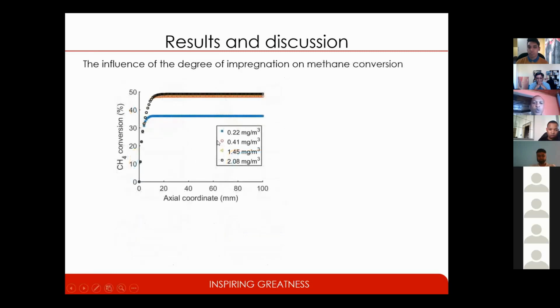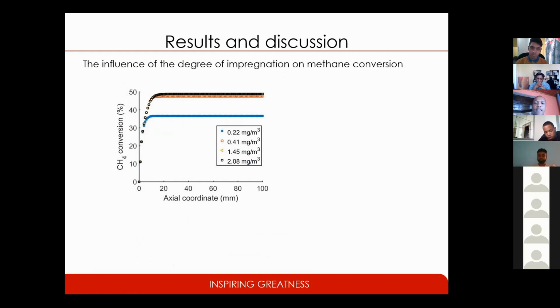I also showed the methane conversion and how it is affected by the degree of impregnation or catalyst loading. Still, between 1.45 and 2.08 milligrams per meter cubed of catalyst loading, the difference in methane conversion is insignificant, if I may put it that way.